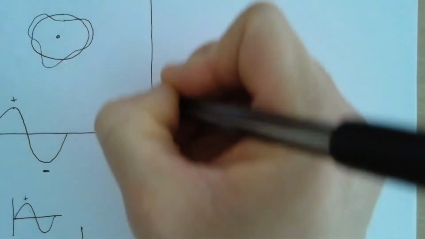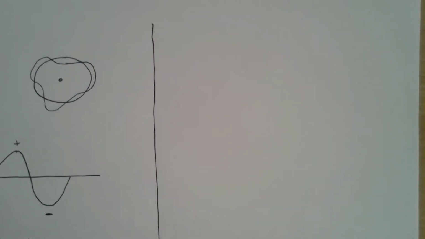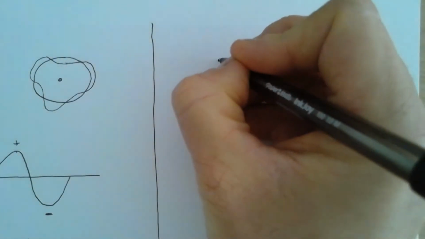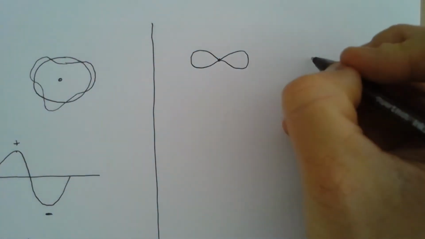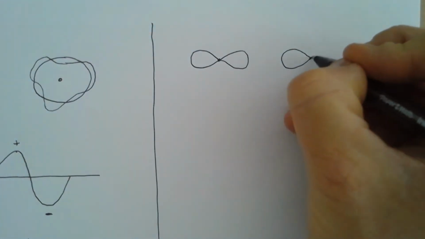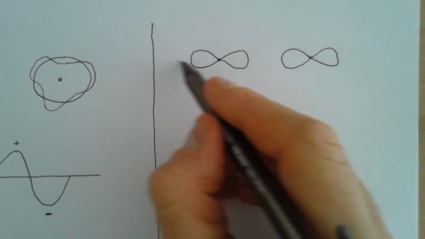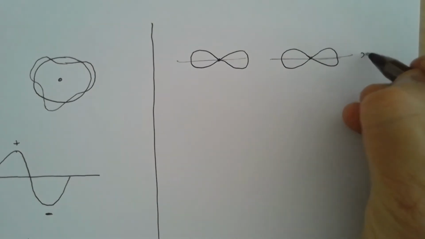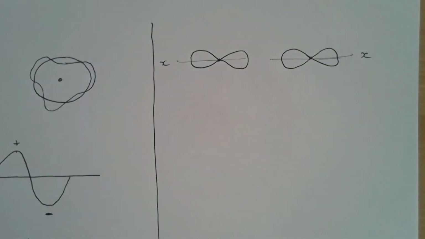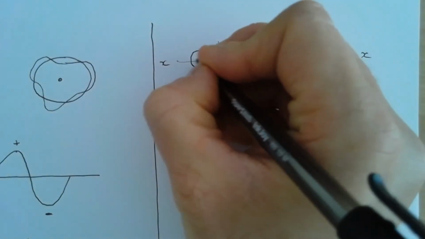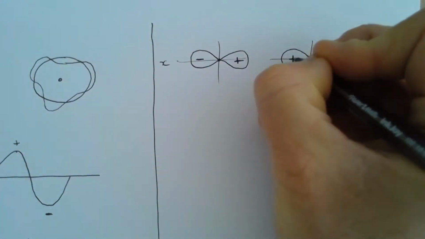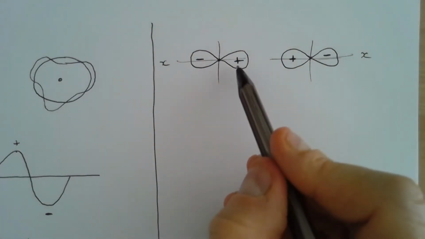So let's have a look at our first type of bond, and I'm actually going to start with a p orbital, because they're a little bit easier to understand. Okay, so if we have two p orbitals, and in this case this would be the two px orbitals, I'm going to label this as plus and this as minus.